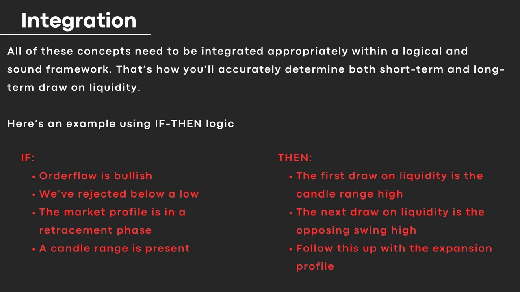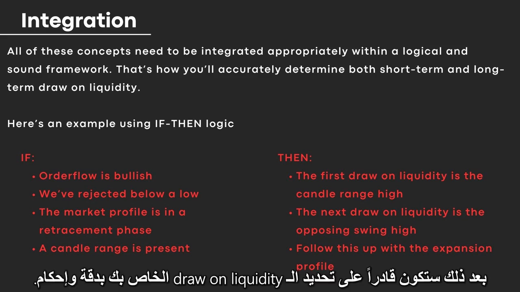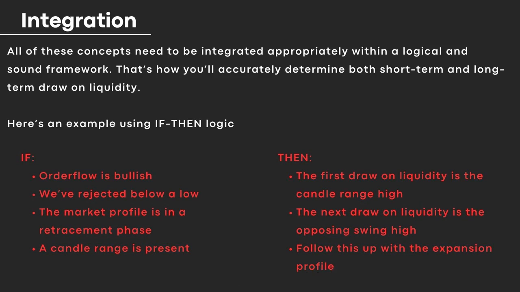Once all of the concepts that I mentioned earlier are integrated accurately and logically around a logical framework, only then will you be able to accurately and precisely determine your drawn liquidity, right? And for that, you'll use the if and then logic to assist you. For example, if the order flow is bullish, you first use the if matrix of the hypothesis.